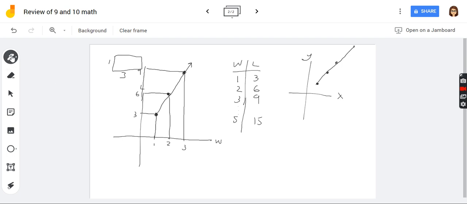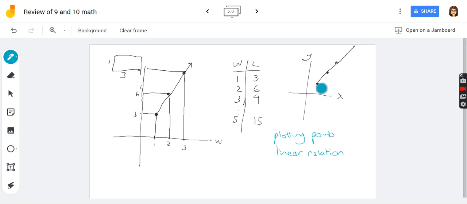All right, so using the similar rectangles, we have now looked at the concept of plotting points. And we've also looked at a linear relation, because when you connect those dots, you're going to get a straight line.